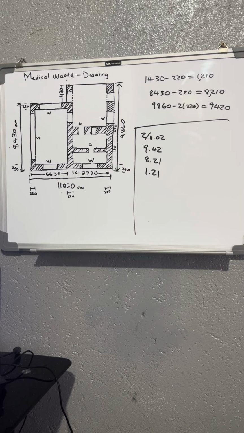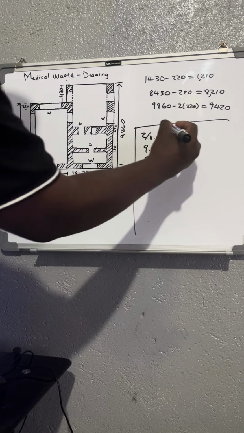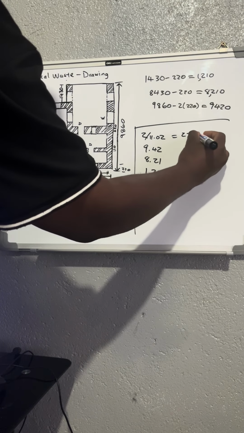So now let me see if I didn't miss anything. No, I didn't miss anything. So if you calculate everything as it is, it's supposed to give you 40.88. You have 22.04.